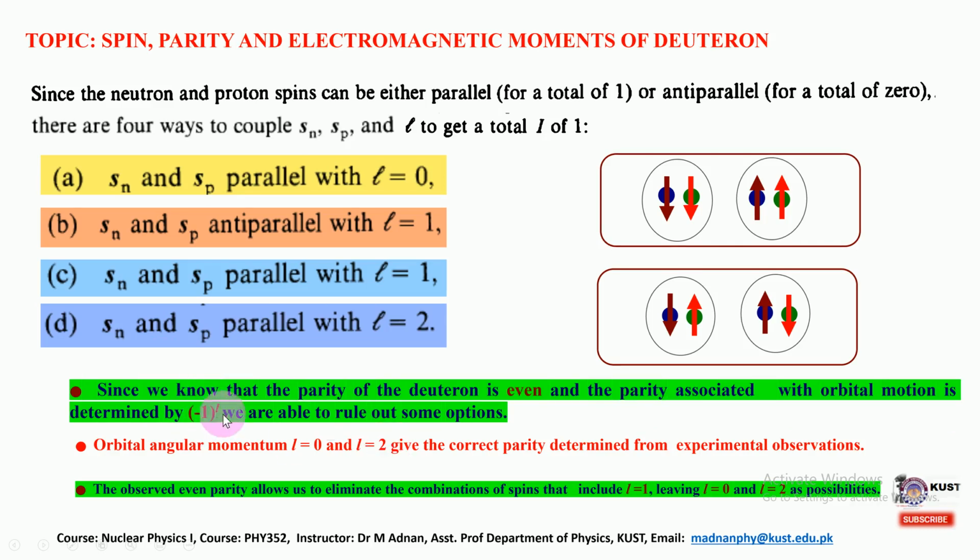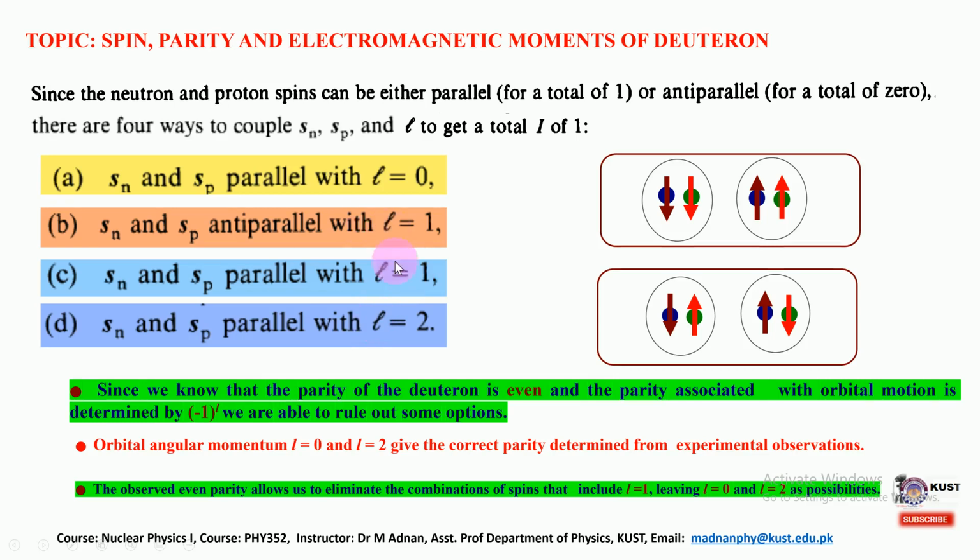So since this will give us even, that is a plus quantity, based on this definition, if we make L equal to either 0 or L equal to 2, this will give you even, since the parity of the deuteron is even. So the even parity arises if we are considering this first case or this last case.